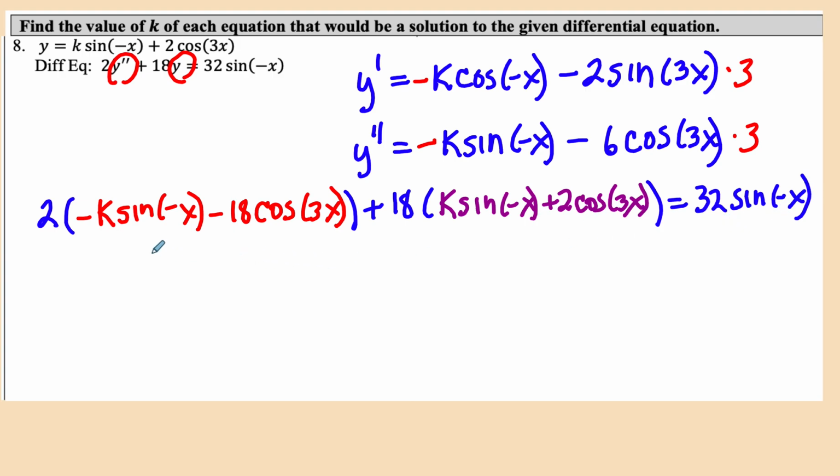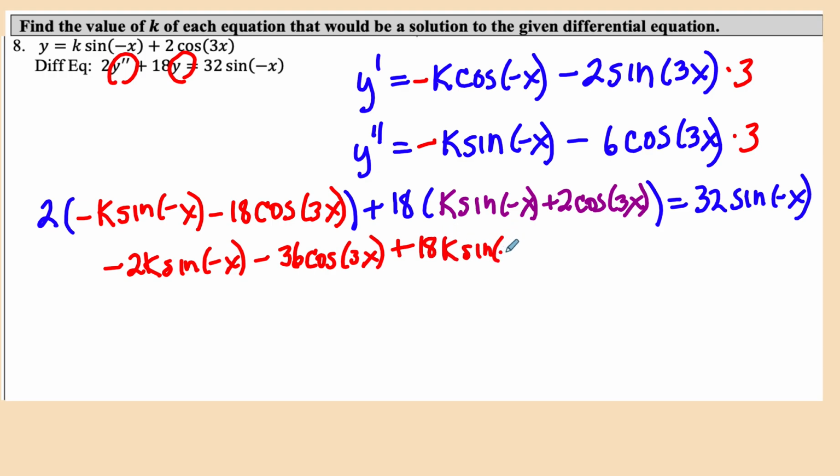equals 32 sine of the opposite of x. Okay, I'm going to distribute negative 2k sine opposite of x minus 36 cosine of 3x, and then this is going to be plus 18k sine of opposite of x plus 36 cosine of 3x equals 32 sine opposite of x.